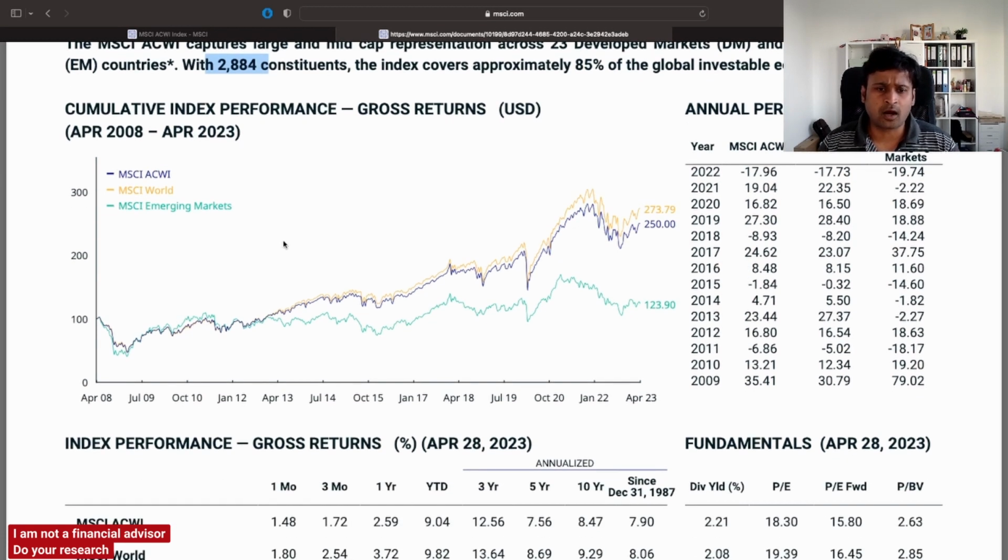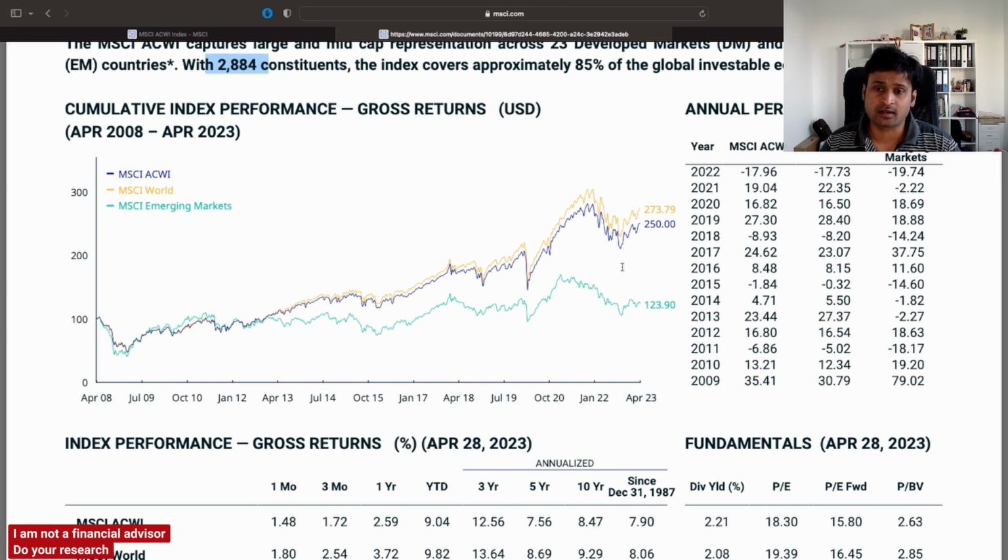If you look at how it has performed over the years, you can see that the All Country World Index, which is here in the blue or violet color, is closely tracking the orange or yellow, which is the MSCI World Index, because in the All Country World Index, I believe they are investing 90% in the MSCI World and 10% in emerging markets.